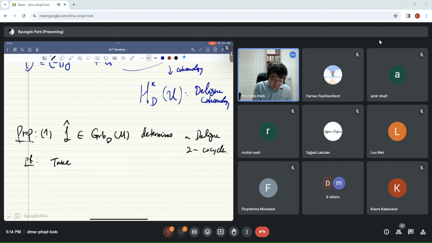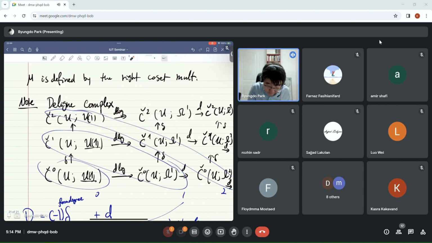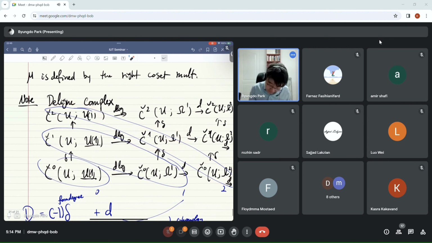You take lambda ijk, we have seen how you take it. So for this one form, it's degree 2. So I should have a degree 2 Čech cochain, and over double intersection, I should have one form, and over an open set, I have 2 form.